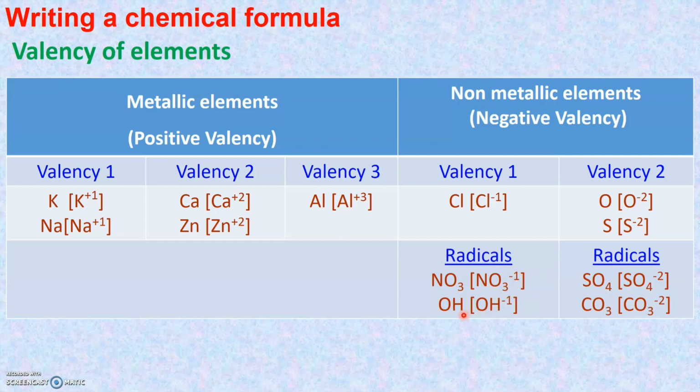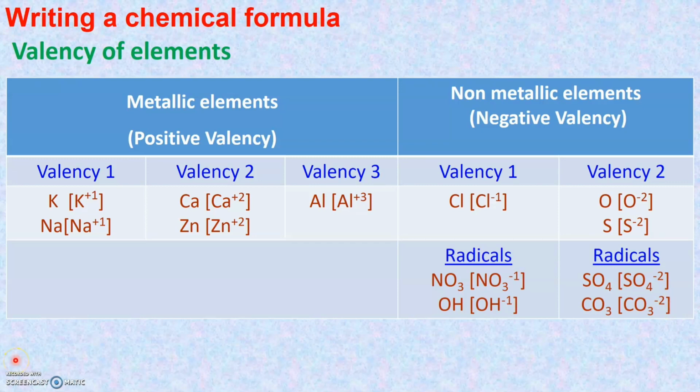For hydroxide, we have already seen it has got a valency of 1, which is again a negative valency. For sulfate radical, a negative valency and the valency of sulfate radical is 2. For carbonate radical, again this also has got a negative valency and it has got a valency of 2.